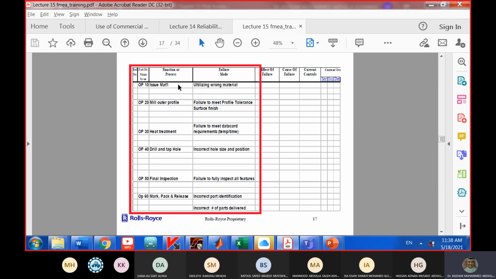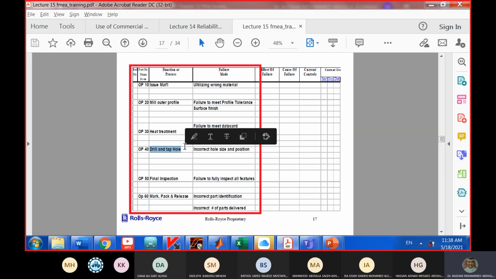It simply tells you that I have a failure mode, and for example, let me give an example. A drill and tap hole. I have a problem with the tap hole. Why did this happen? Because I used an incorrect hole size and position.